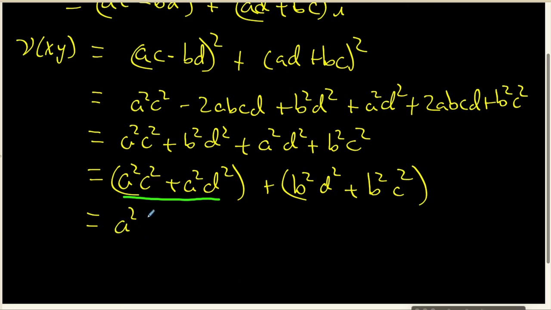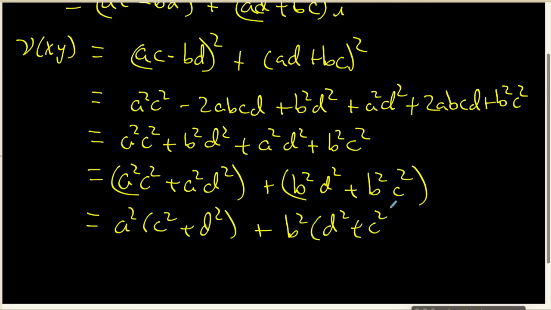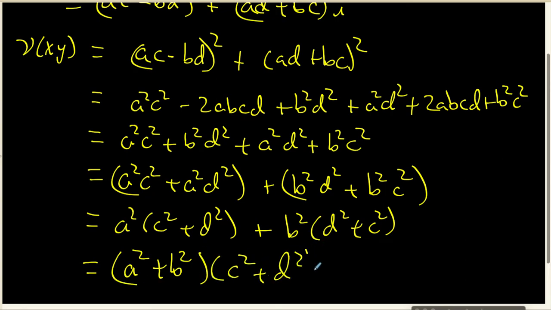So we have a squared times c squared plus d squared. And over here we've got b squared times d squared plus c squared. Of course, c squared plus d squared and d squared plus c squared are the same thing. So we can factor again and we get a squared plus b squared times c squared plus d squared.